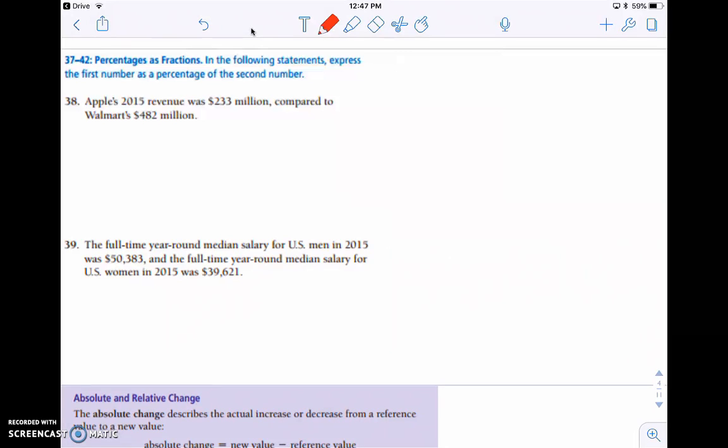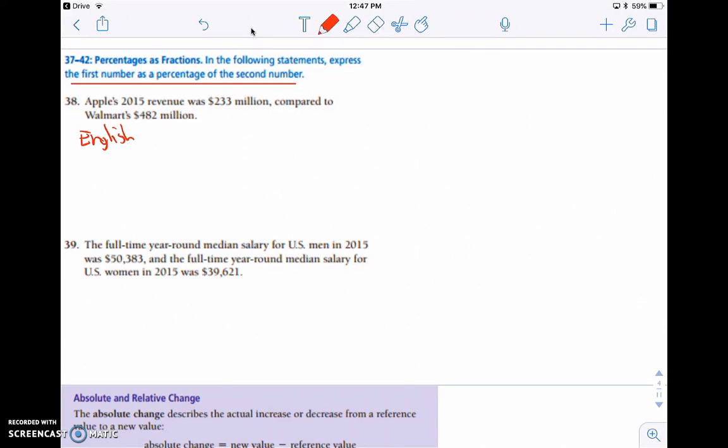We want to express the first number as a percentage of the second number. Okay, so we've got Apple's 2015 revenue was $233 million compared to Walmart's $482 million. Here's one way that I like to think of this. I like to think of this in English first as to how I would write this out.